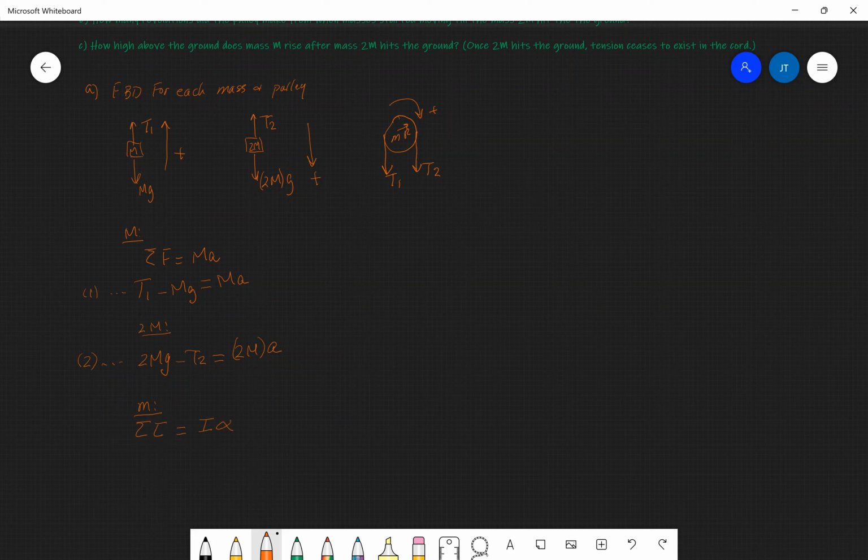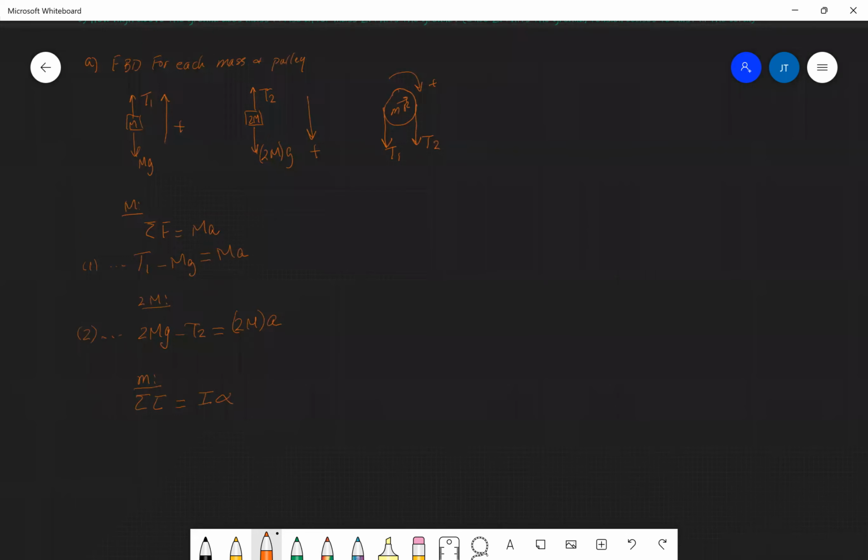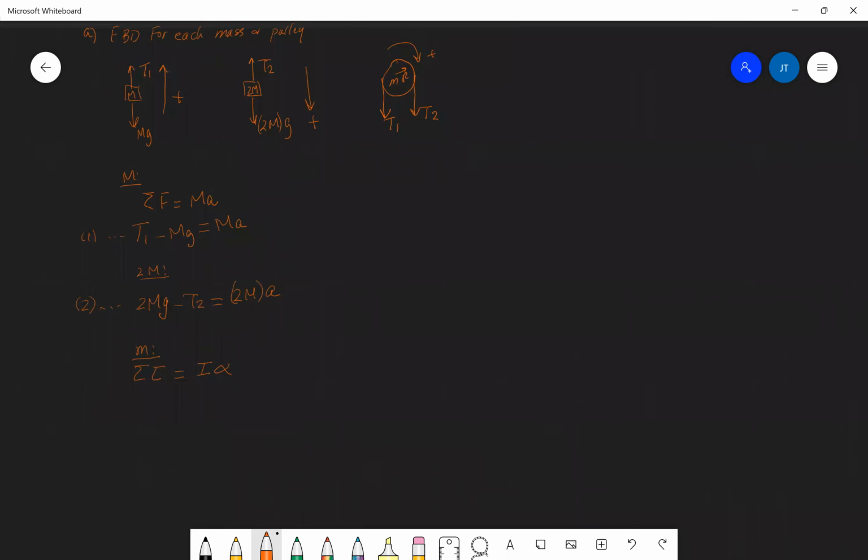We have clockwise torque minus counterclockwise torque equals I alpha. Alpha is a over R, the tangential acceleration over R. Clockwise torque is T2 times R minus T1 times R for the counterclockwise.